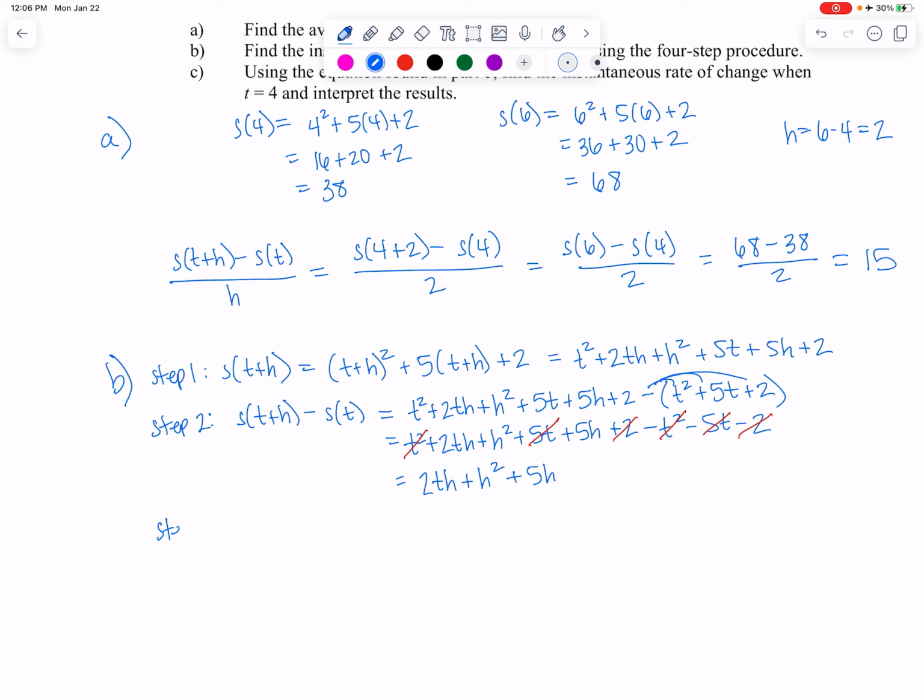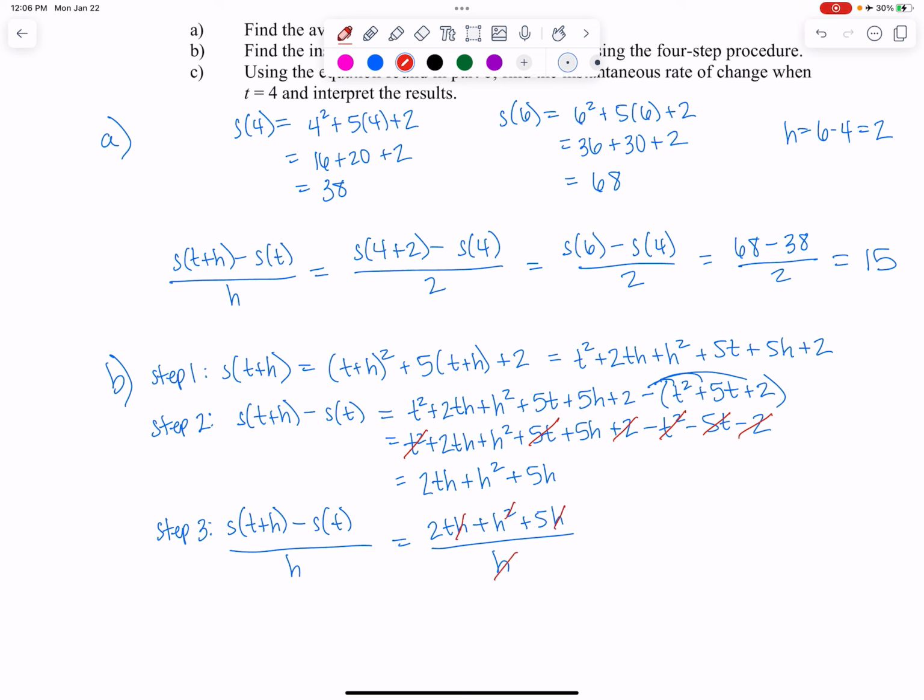Step 3. S of t plus h minus s of t over h. So we take everything and divide it by our h. Hopefully everybody has an h to cancel out. 2t plus h plus 5.